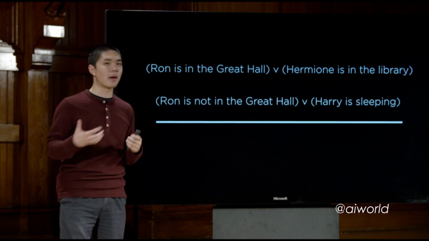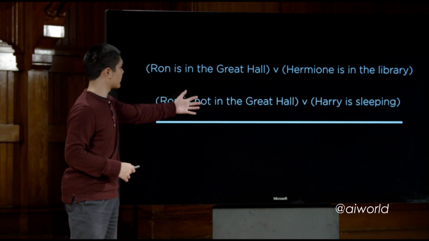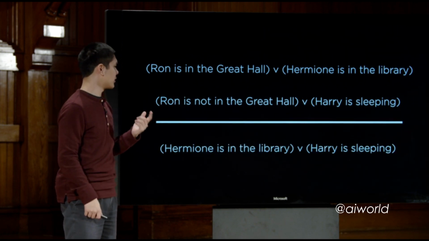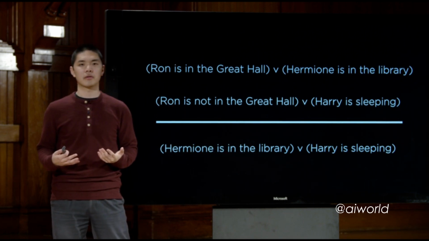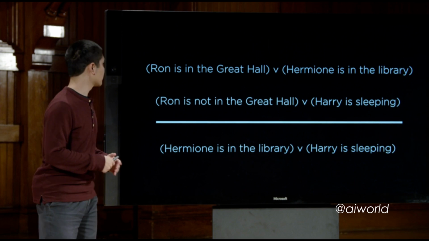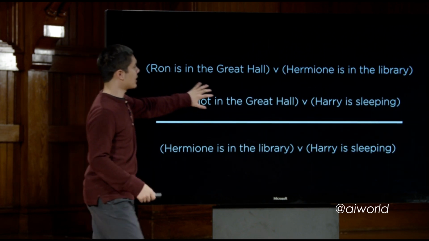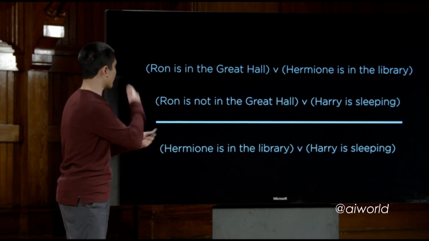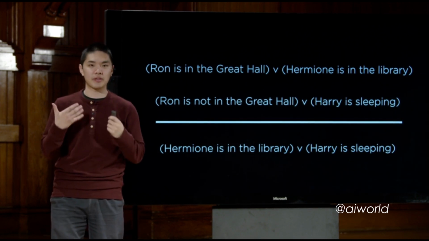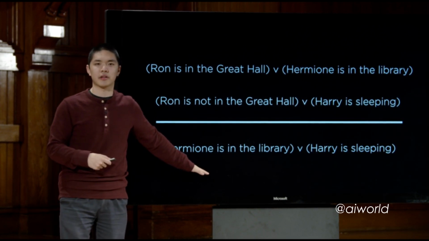Based on those two things in combination, I can say, based on these two premises, that I can conclude that either Hermione is in the library or Harry is sleeping. So again, because these two conflict with each other, I know that one of these two must be true. And you can take a closer look and try and reason through that logic. Make sure you convince yourself that you believe this conclusion.